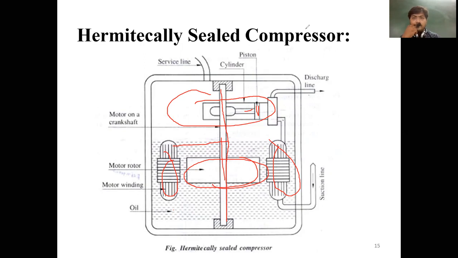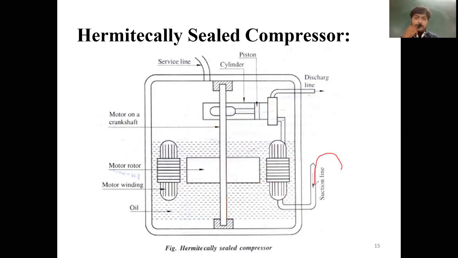So how does it work? Okay, the low pressure suction vapor comes in through this suction pipe and passes through the motor, and the refrigerant takes up heat from the motor, so the motor temperature drops. So the refrigerant also works as a coolant for the motor.